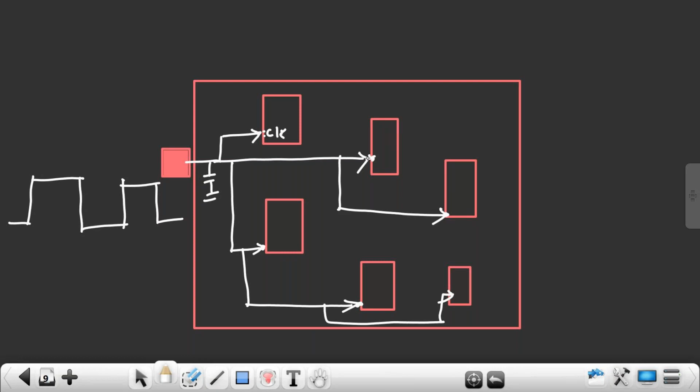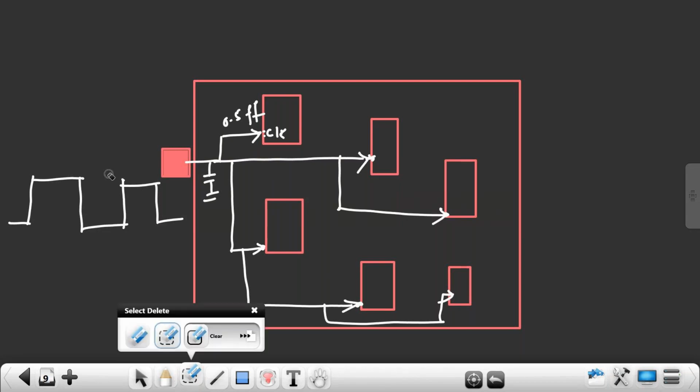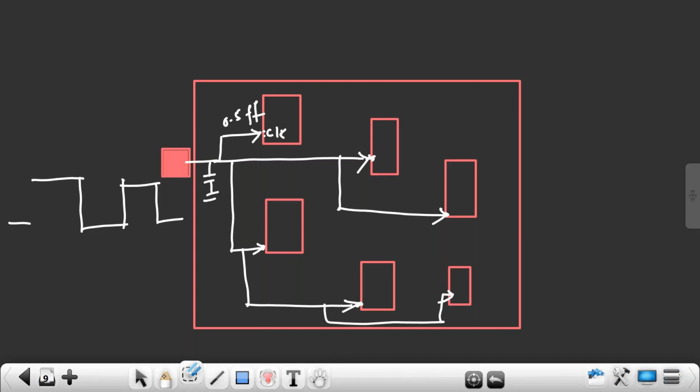All these pin capacitances, for example, each and every flip-flop has 0.5 femtofarad as pin capacitance. For 20,000 flip-flops, how many femtofarads will I have? 10,000 femtofarads will be my capacitance value. To charge this capacitance, this is the actual clock, and this is the ideal clock.